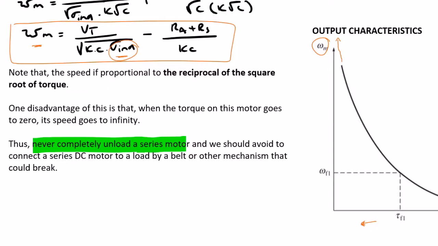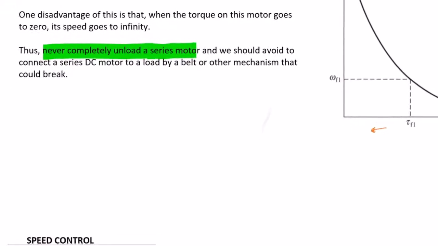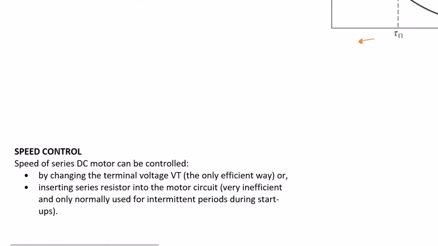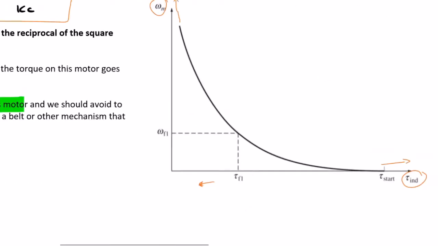Because if the belt breaks, the load becomes zero, and therefore the speed of the motor will keep increasing towards infinity, which will very likely damage the motor. Okay, so that is the speed characteristic of the motor.